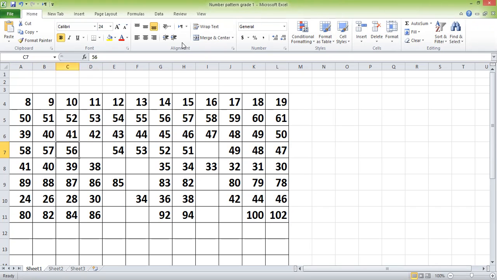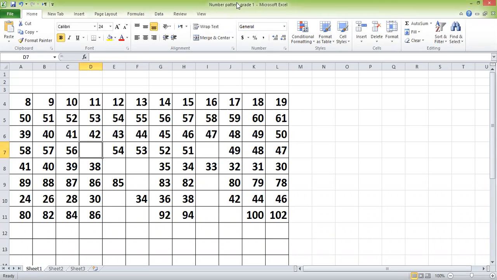So before 56, what comes in the counting, guys? 55. That's very good. It is 55. You will not say 57. It is 55. Why? Because we are counting back in ones. So the answer will be 55.